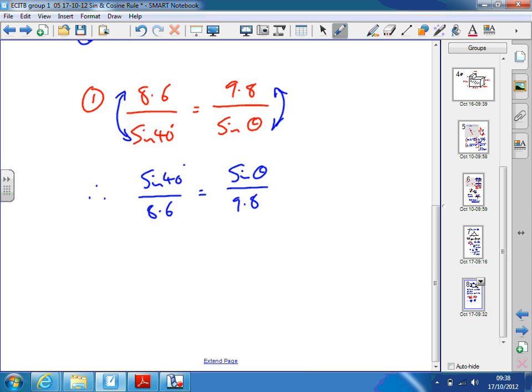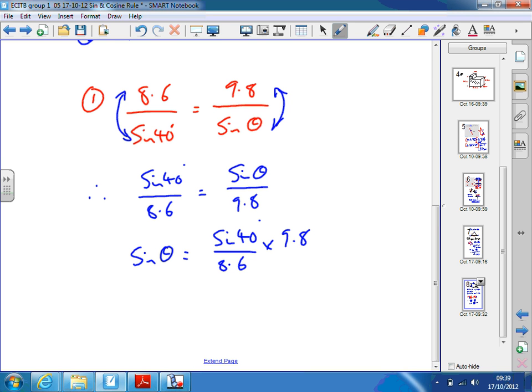So we've got to get sine theta on its own. So let's have a look. Again, multiply both sides by 9.8. So sine theta equals sine 40 over 8.6 times 9.8.